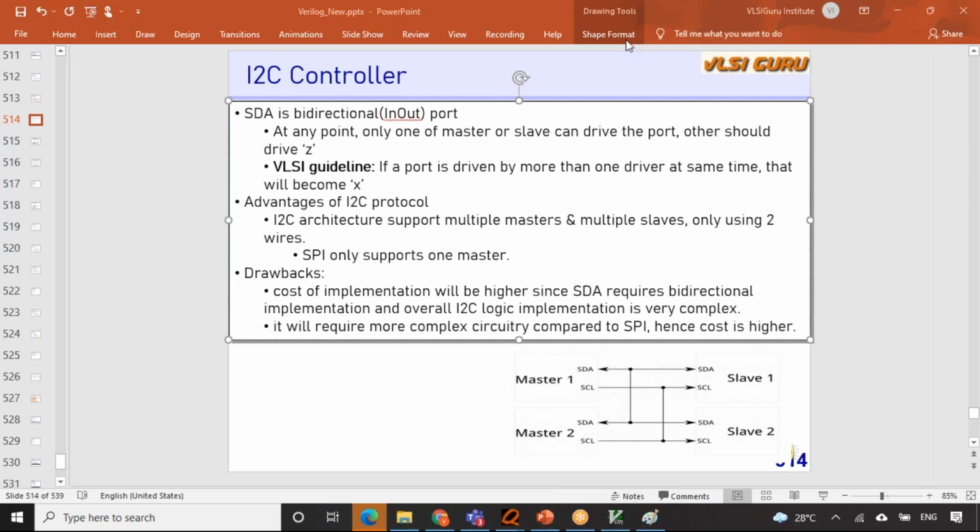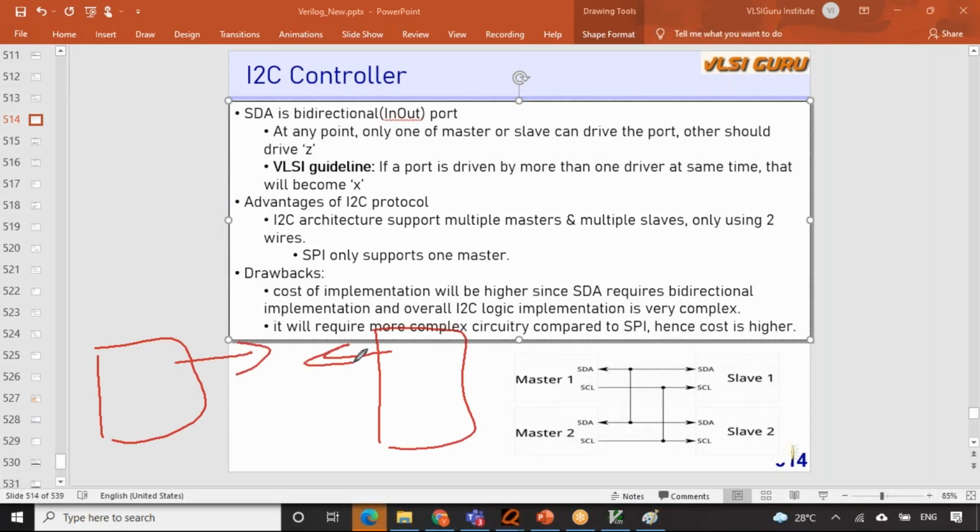How do we ensure that? That's the way the problem will come, because one is a module, another is also a module. If I am driving some value, I should be driving Z exactly at the same moment. But how do they communicate? There is no mechanism to communicate. You know, right? If there are two modules, there is no mechanism to communicate. I'll give you one simple example. There are two rooms.